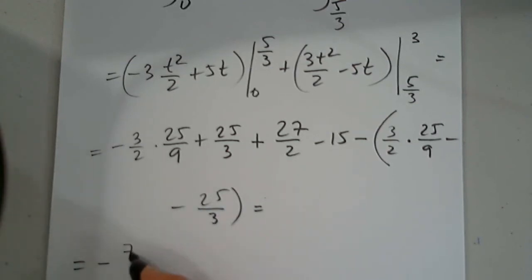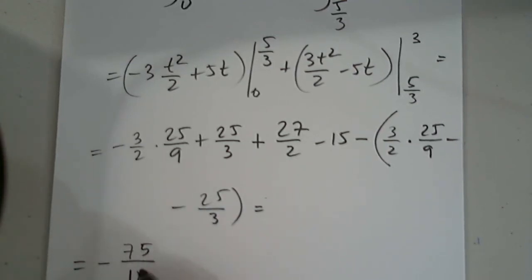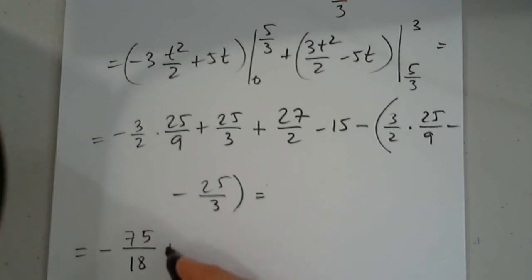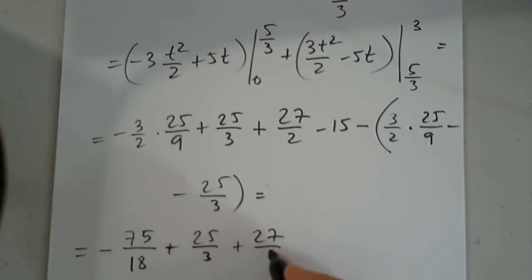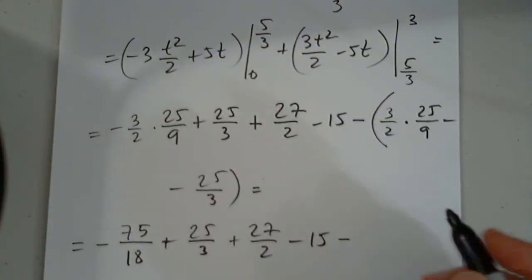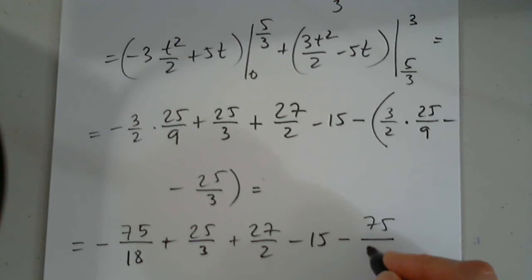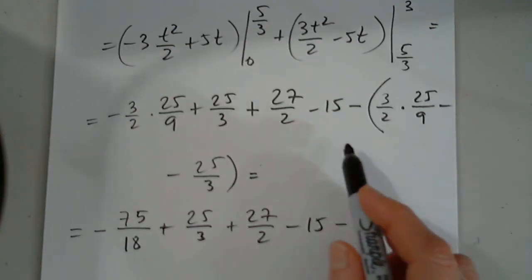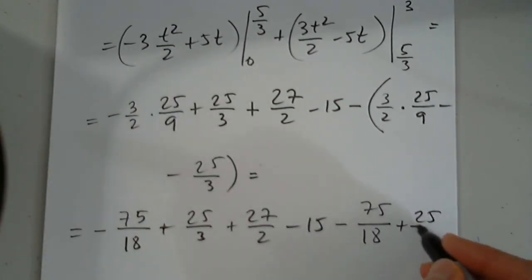Negative 75 over 18 plus 25 over 3 plus 27 over 2 minus 15 minus 75 over 18 and then plus 25 over 3.